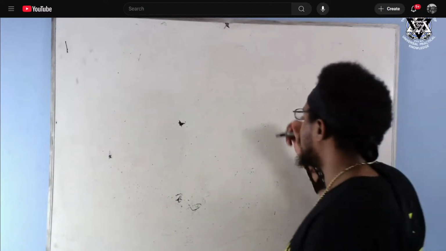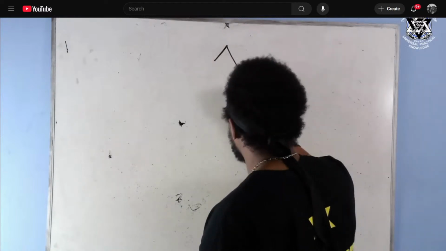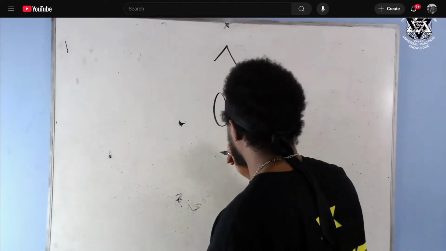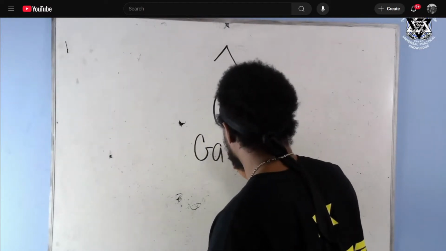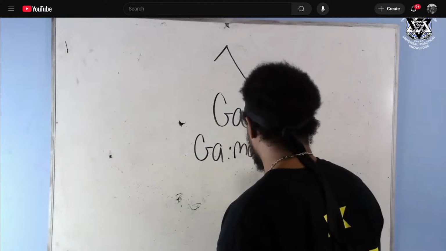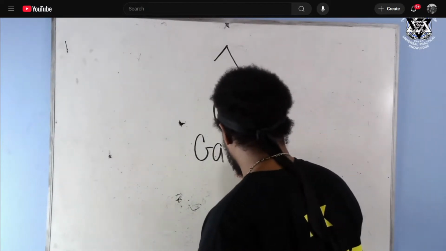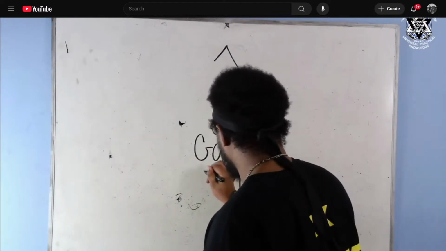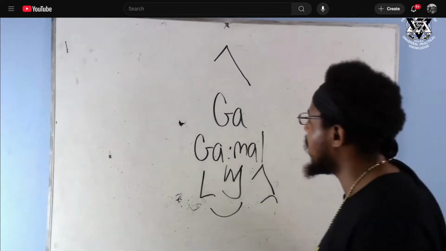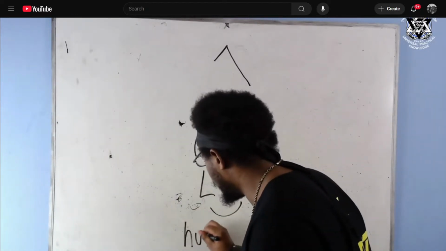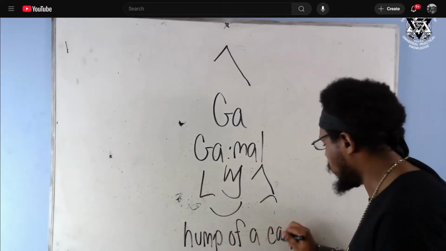So next is Ga. It comes from Gamal. And this is the hump of a camel.